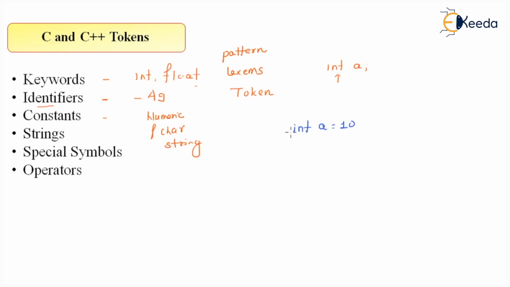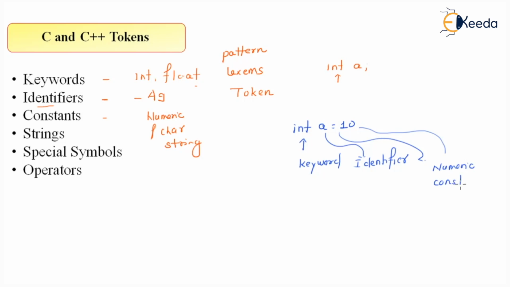In terms of scanning, int is a keyword, a is an identifier, equal to I'll explain, and 10 is a numeric constant.